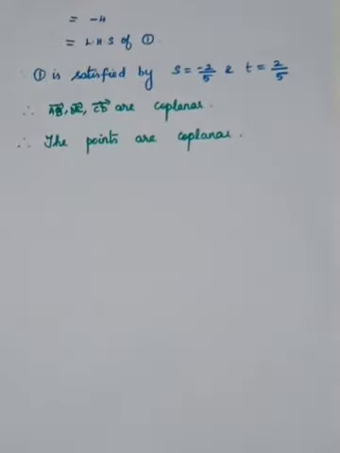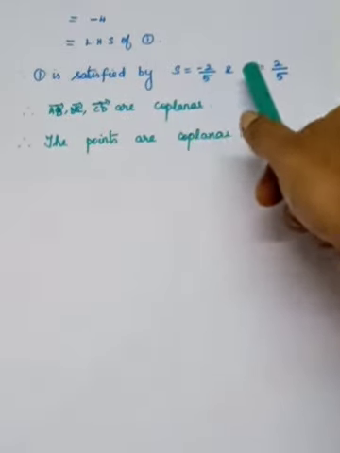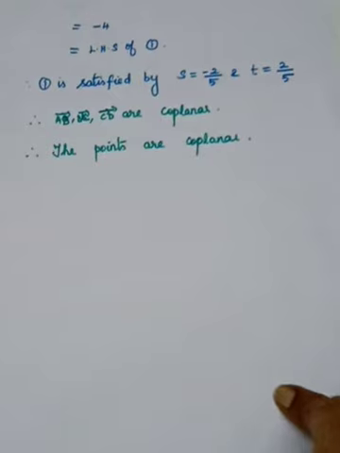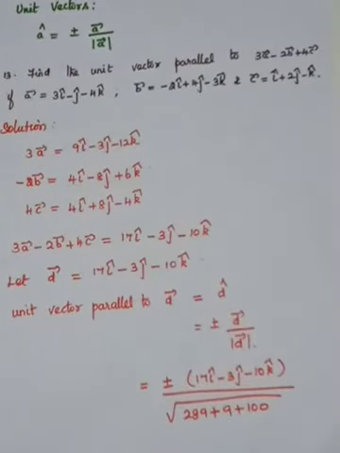So therefore the first equation is satisfied by these two values. So therefore the vectors AB vector, BC vector, CD vector are coplanar. If the 3 vectors are coplanar, then the 4 points are lying in the same plane. So therefore the given points are also coplanar. So the first topic is over: how to prove the vectors are coplanar.